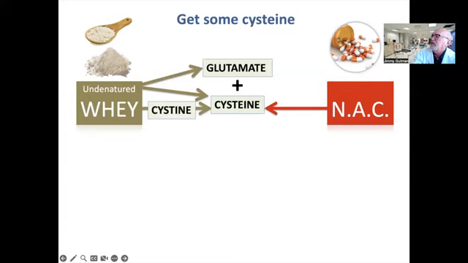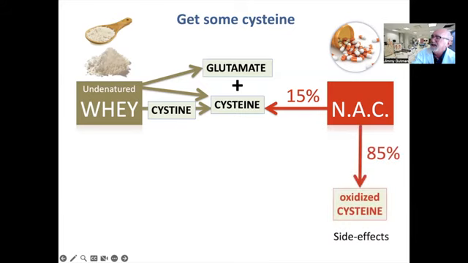NAC works by providing cysteine as well. But remember, only 15% of the cysteine in NAC is protected from oxidation, which means that 85% is not protected and will become oxidized. And this is the reason it carries a degree of toxicity.